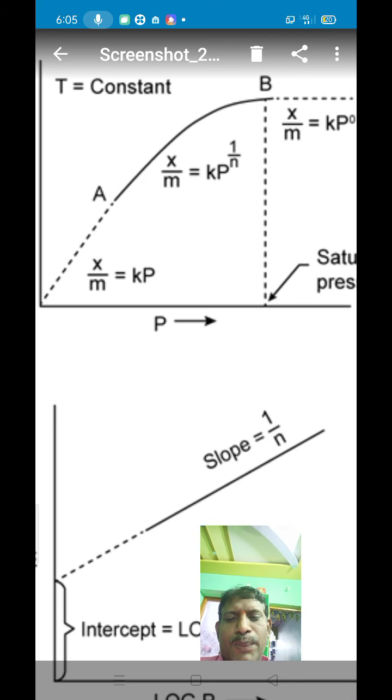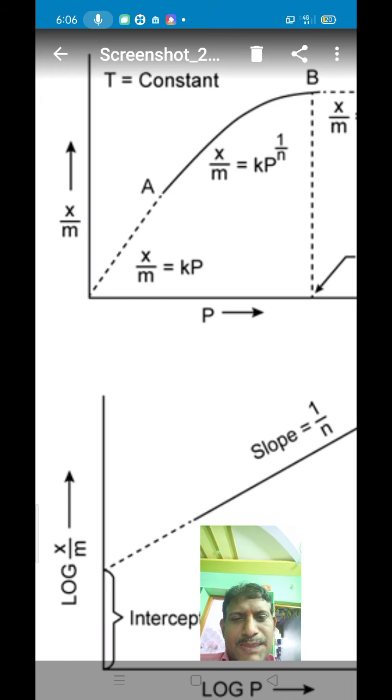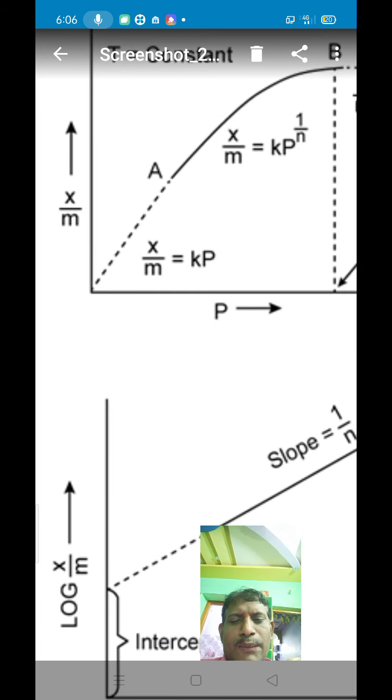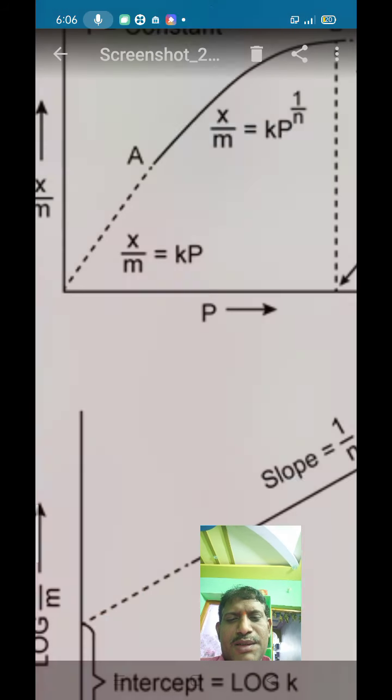That means as pressure increases, the extent of adsorption also increases. That equation is represented by x by m is equal to kp, that means the extent of adsorption is directly proportional to the first power of the pressure.